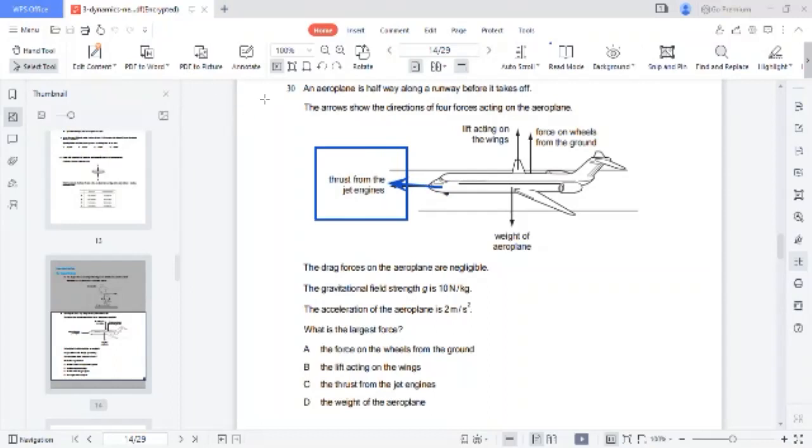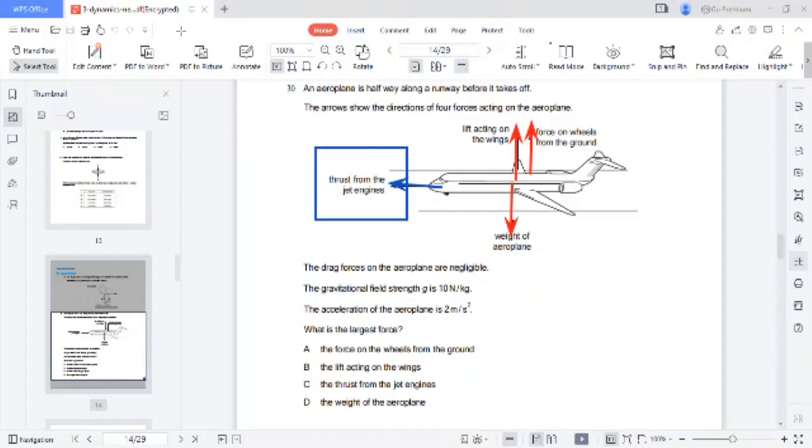The weight of the aeroplane is acting in this direction, and lift acting on the wings is in this direction. The force on the wheels from the ground, both are acting in this direction.